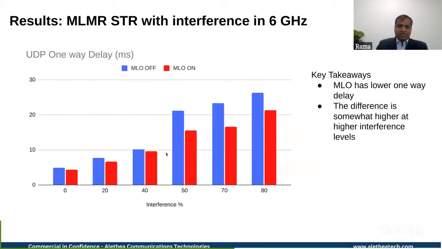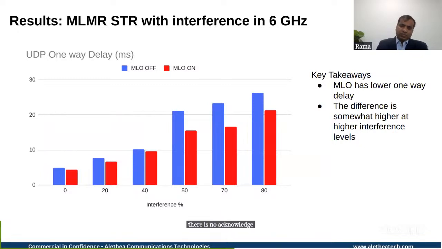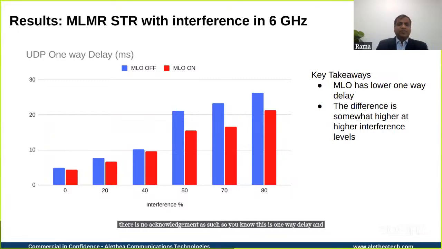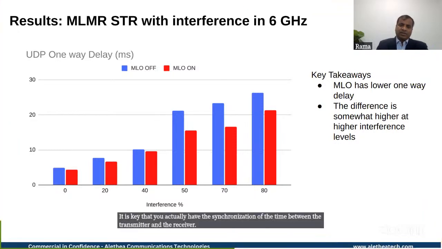One-way delay is doing good for UDP as well. Why is this called a one-way delay? Because in UDP, you only have a transmission from one direction and reception on the other direction. There is no acknowledgement as such. So this is one-way delay. And it is key that you have the synchronization of the time between the transmitter and the receiver to actually get this correct.